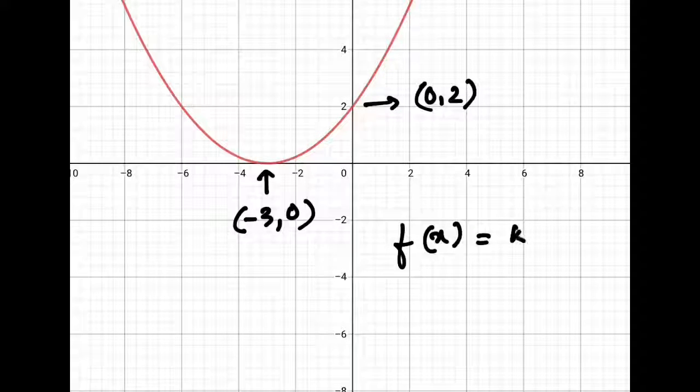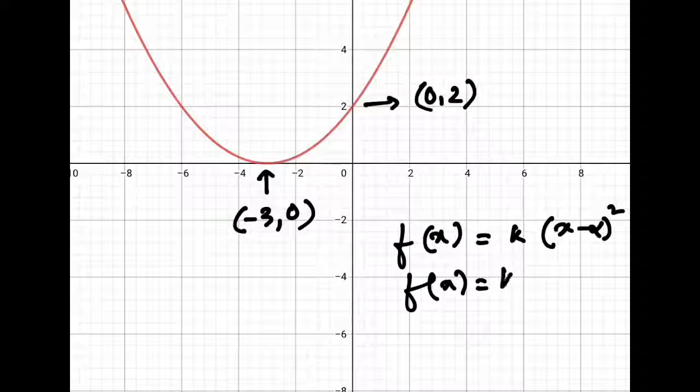So simply I will use this turning point expression, that f(x) = k(x - alpha) whole square. Why? Because it is only touching, so I am using a perfect square. So again my expression is f(x) = k(x + 3) whole square.